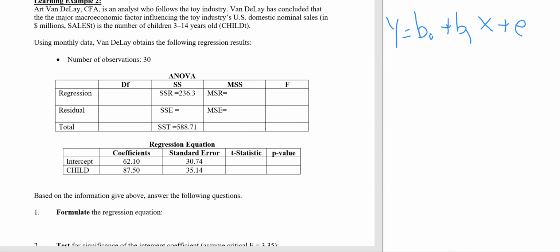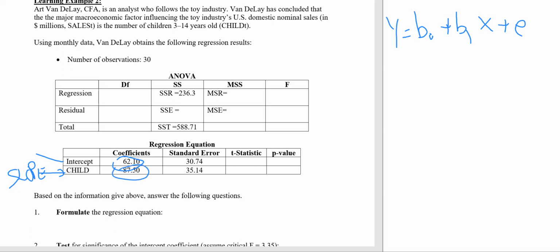Where are we getting these betas? They're right here in the table, the coefficients. Here's the intercept, and this is actually the slope. I've disguised it as a macroeconomic factor, but it doesn't matter. We can grab these coefficients right there, and don't worry about whatever the number is, just plug it in.